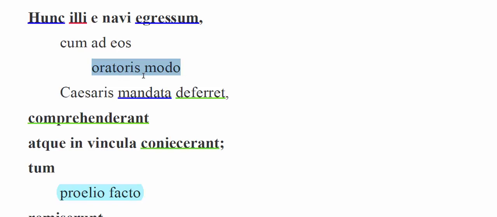So he was conveying something not written down, but he was conveying a verbal message. He was bringing the mandata Caesaris, literally the orders of Caesar, but he was bringing the terms, Caesar's terms, to them orally, we might say. So nothing was written down.